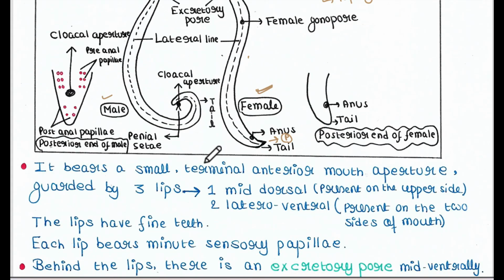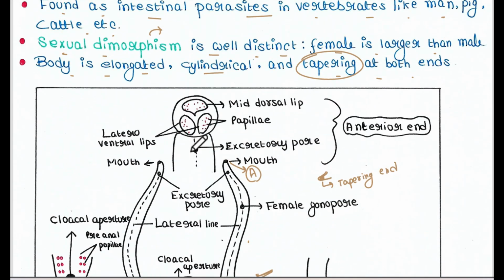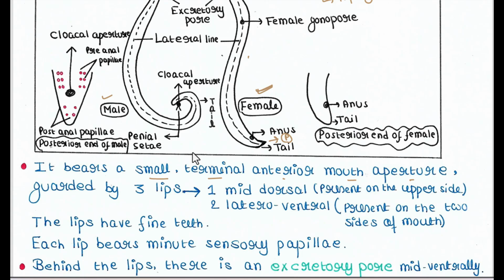Next, it bears a small terminal anterior mouth aperture. Both of them have a mouth and this is just an aperture. This is found in the anterior side, present at the terminal of their body, and it is guarded by three lips.